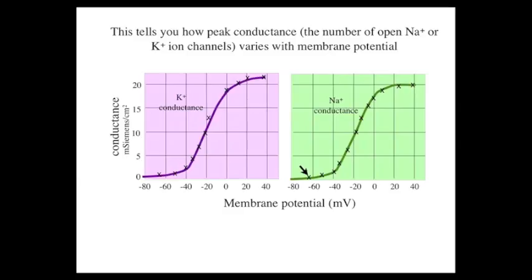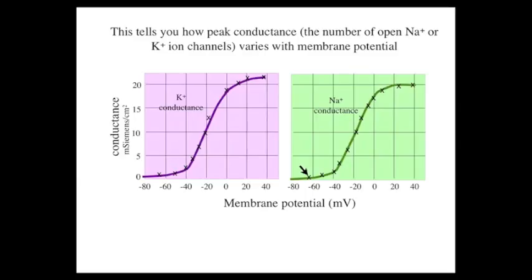However, at more depolarized membrane potentials from about minus 40 millivolts, the curves rise sharply so that each small change in membrane potential evokes a large change in conductance. The sigmoidal shapes of the conductances also explain why the action potential is evoked only at threshold level of depolarization.